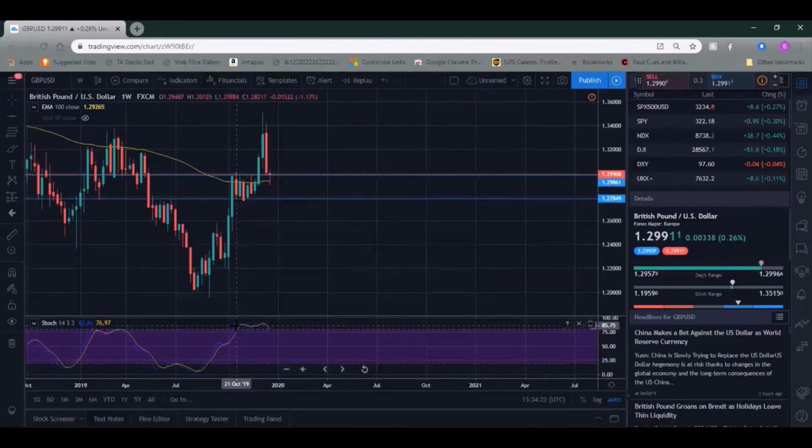Another thing, the market is overbought. So now we have a bearish engulfing candle on the weekly time frame and the market is overbought. So overall, long term, we can expect to see the sell for this pair.